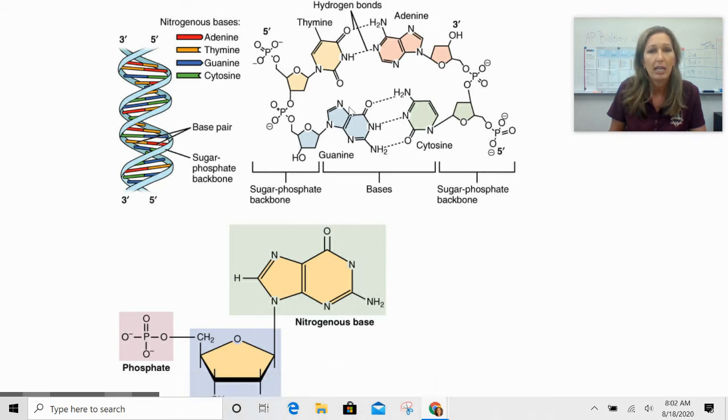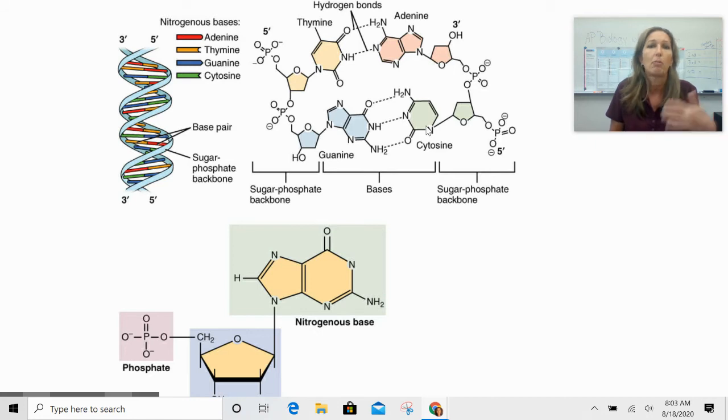And nitrogenous bases have these portions on them that want to hydrogen bond with another nitrogenous base. This is what forms that double helix, and the base pairing rules of thymine always bonding to adenine, because thymine wants to make two hydrogen bonds, adenine also wants to make two hydrogen bonds, guanine wants to make three hydrogen bonds, cytosine also wants to make three hydrogen bonds.